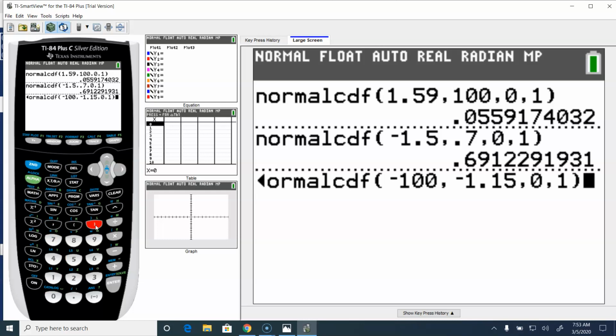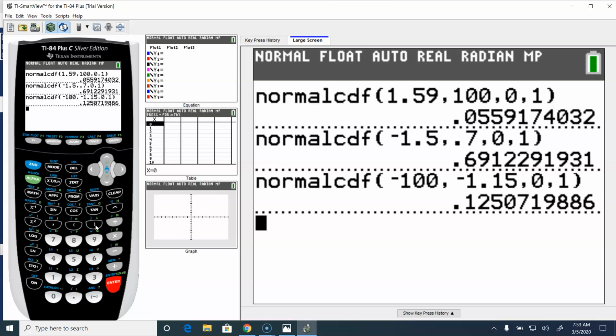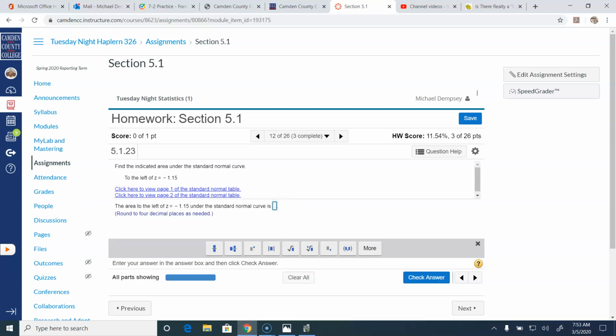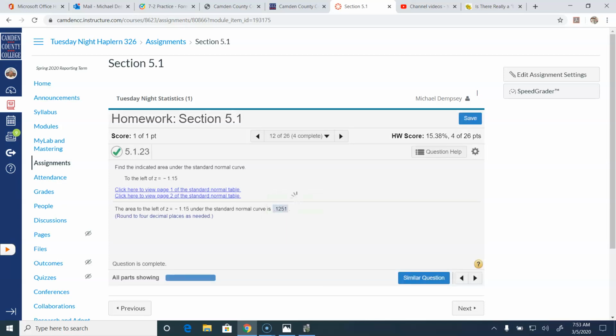Okay, so we have negative 100 to negative 1.15, and then we give it the mean and standard deviation of 0 and 1. 0.125, if we round to 4 decimal places, that 0 is going to come up to a 1. So 0.1251. We're good on that one.